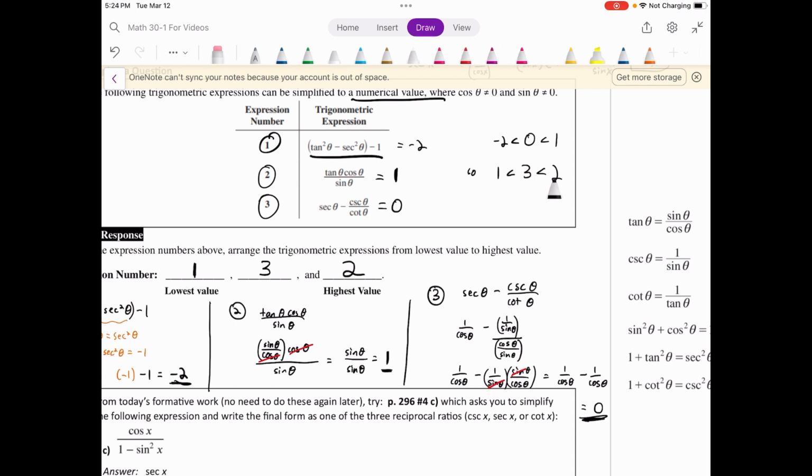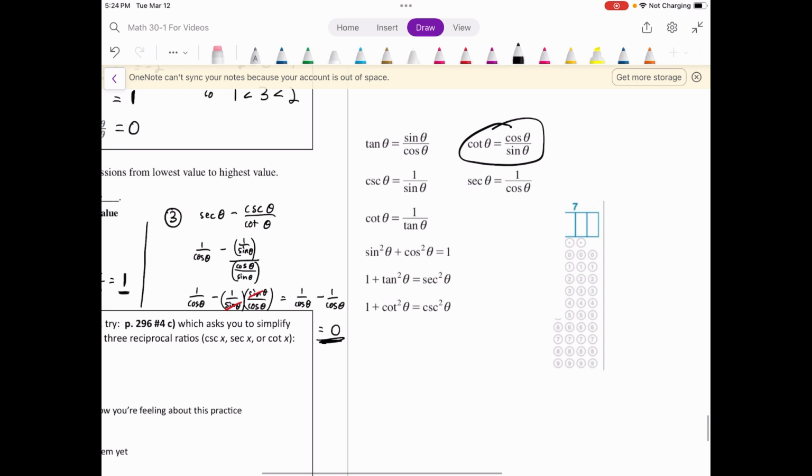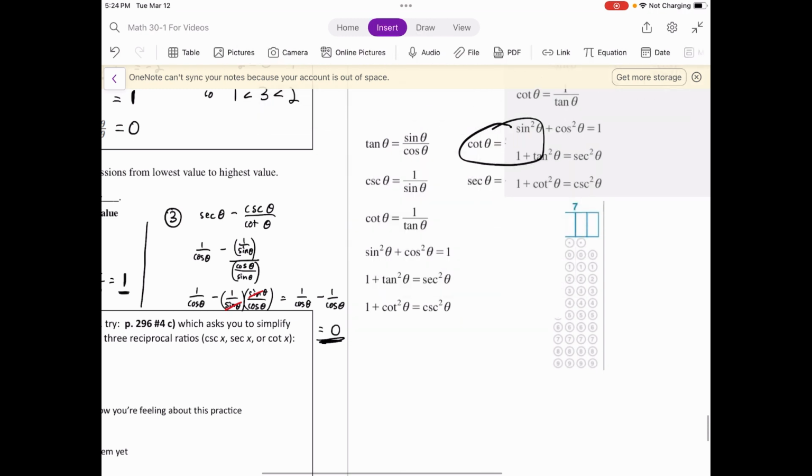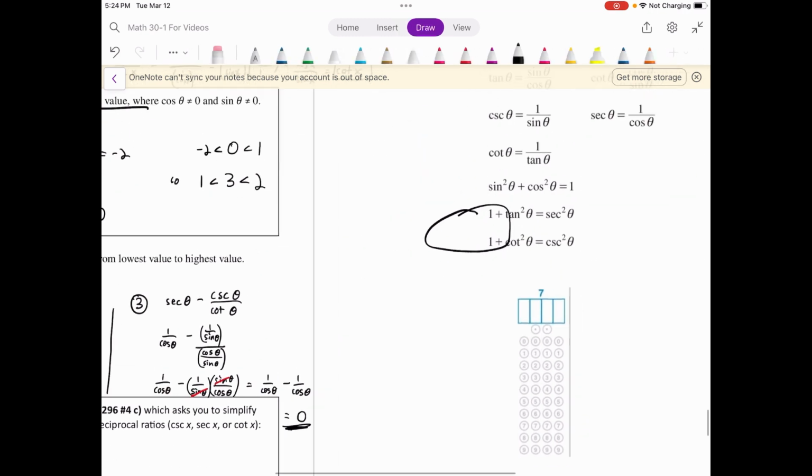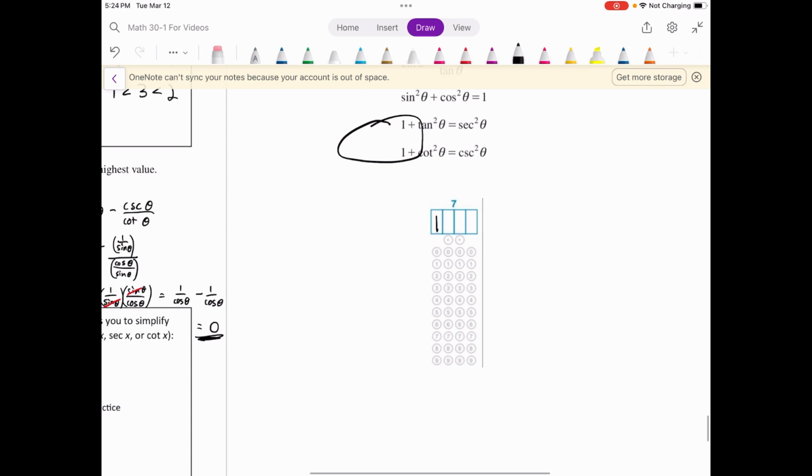These are just using the expression numbers here. These are what they were actually equivalent to. So our answer for this one would just be 1, 3, 2. So on our Scantron, we would just go ahead and say, starting in the first box, 1, 3, 2. Leave the last one blank because we don't need it.